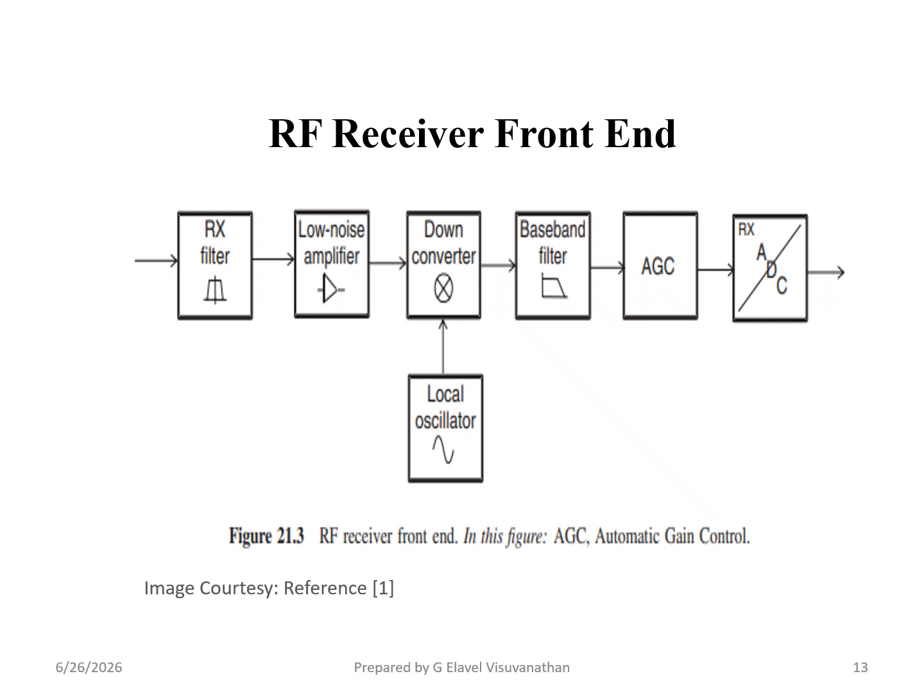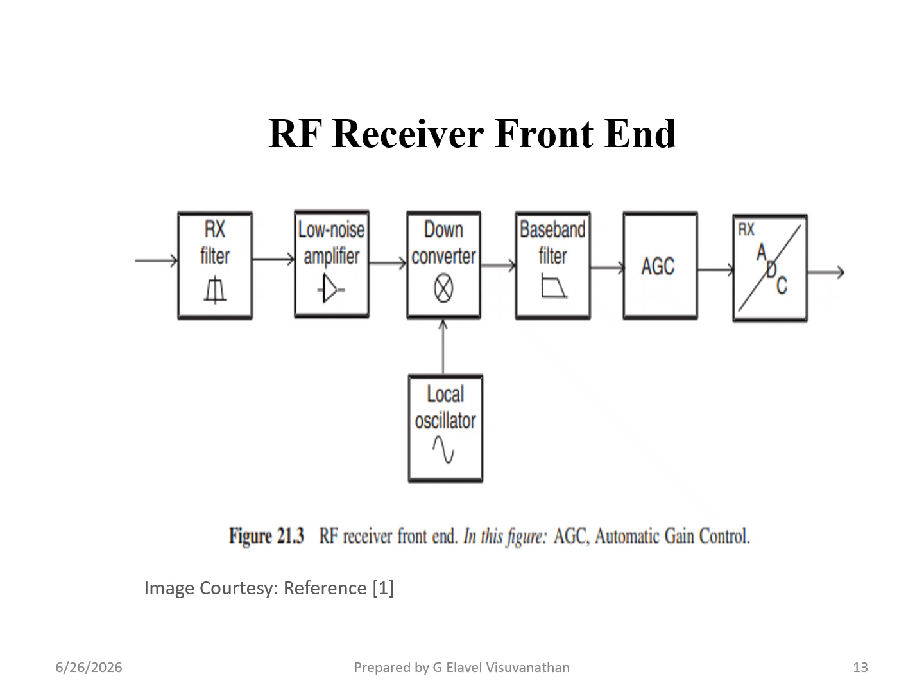So first we go for the receiver filter, next the low noise amplifier, next the down converter, baseband filter, then the automatic gain controller, then the ADC. So this will be an RF receiver front end.